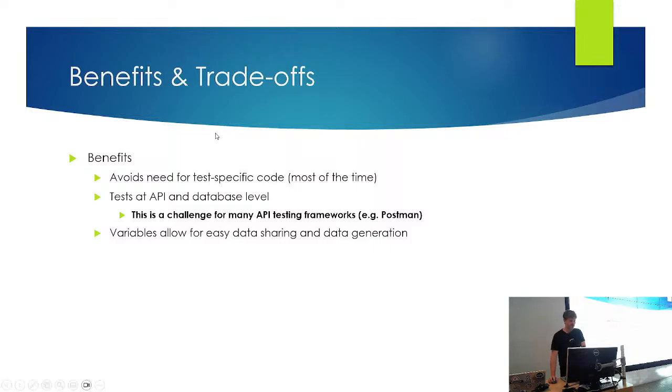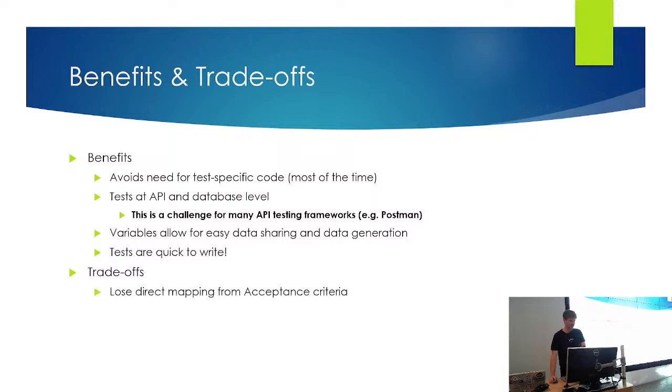Also, the variables that we introduced made it fairly easy to share data between steps without having to touch the code. And I think the biggest benefit was just that the tests are relatively quick to write. Because we've got all these steps, we can bang them out and not have to touch the code, which is really good.